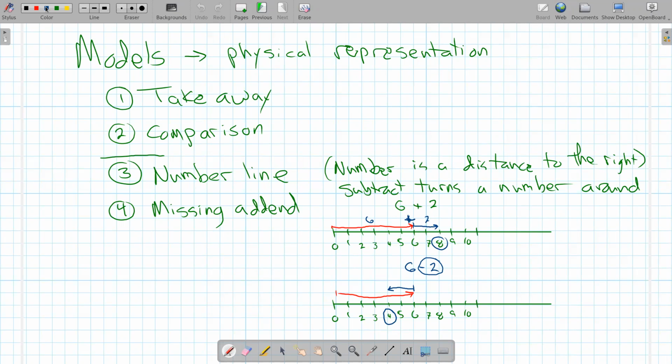The missing addend basically asks us to think about the subtraction in terms of addition. So 6 minus 2 equals what? We just kind of rephrase it backwards with addition. So rewrite backwards, because addition and subtraction are kind of backwards of each other.